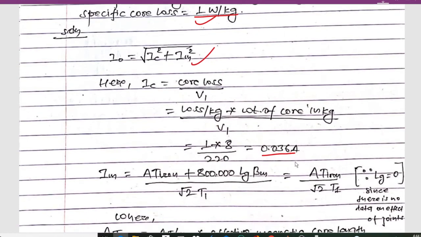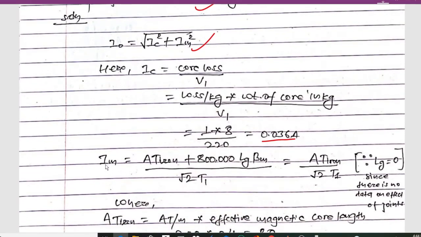Now we need to calculate the value of Im, means magnetizing current. So Im is equals to at iron plus at gap, that is 0.8 Lg Bm, upon root 2 into T1. So here the value of Lg is not given in the question as there is no data on effect of joints, so value of Lg will be 0 here. So if the value of Lg is 0, then this whole term will be omitted.